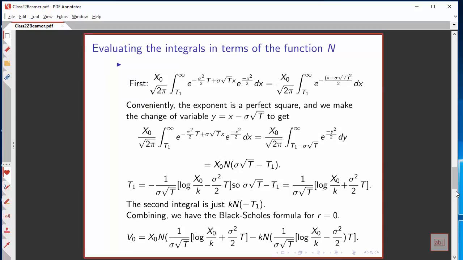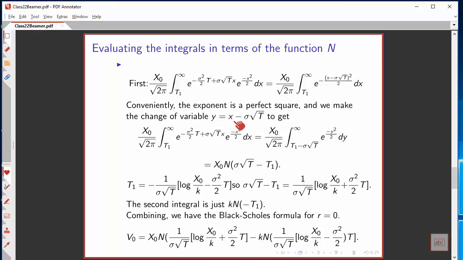Now let's evaluate the integrals. The harder one is the first one. And if I stare at this for a while, I say, hey, this exponent is a perfect square. If I expand this, I'll get an e to the minus x squared over 2, I will get an e to the minus sigma squared over 2 times t, and I will get an appropriate cross term.